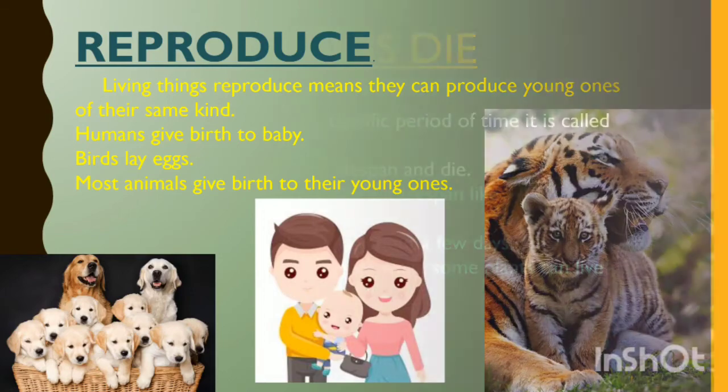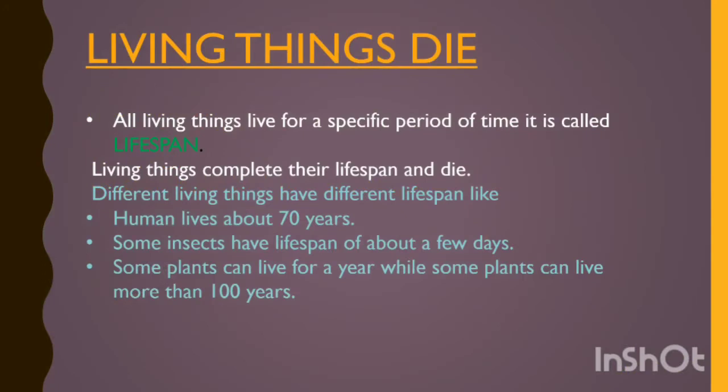Next one is a sad one, but it is also the main character of living thing, that is dying. All living things have a certain lifespan, means they live for a specific time. Not all the living things live until the world's end.